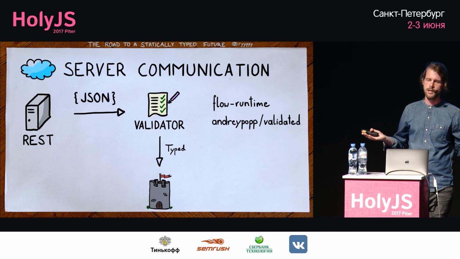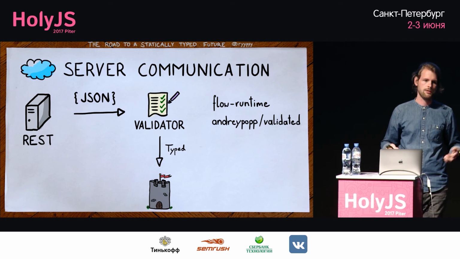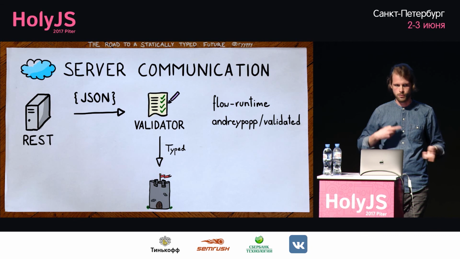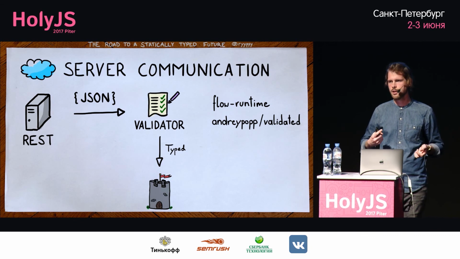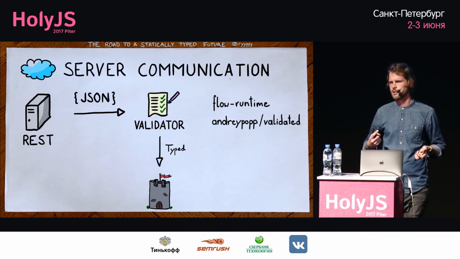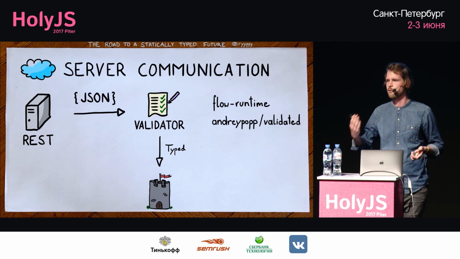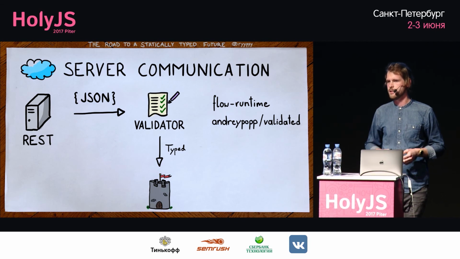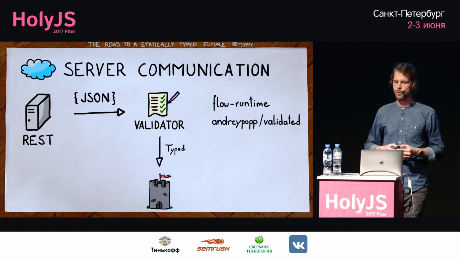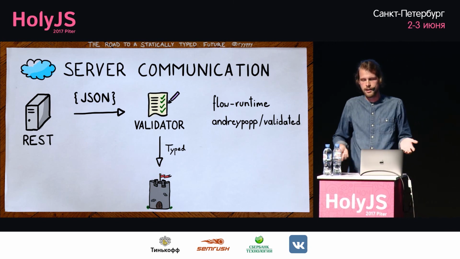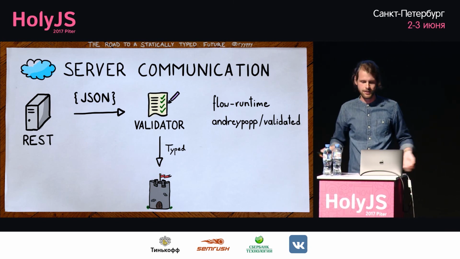I mean, this also has a really big downside. If you have a lot of data and you have to verify it, especially on the mobile side, you have a lot of computation cycles, because you check everything and you have maybe deeply nested structures, which has, of course, a runtime impact. But hey, you're typed, I guess, so that's cool.